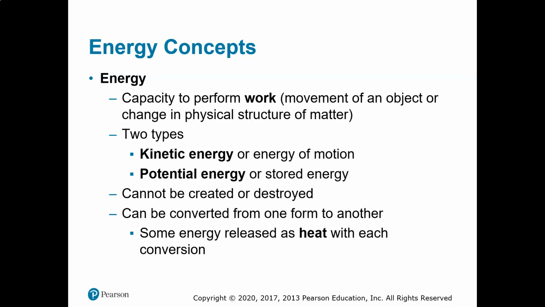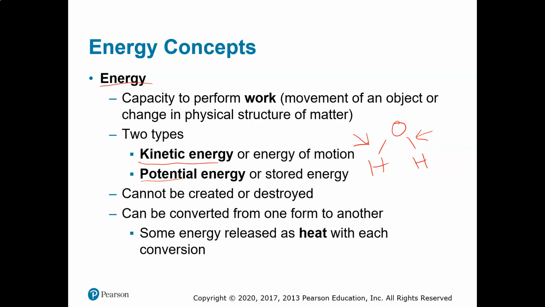Energy is the capacity to perform work. There are 2 types. Kinetic is the energy of motion. Potential is stored energy. In chemicals, the stored energy is stored within chemical bonds. So, for example, since we've been talking about water, the energy stored within these polar covalent bonds between the hydrogen atoms and the oxygen is called potential energy.